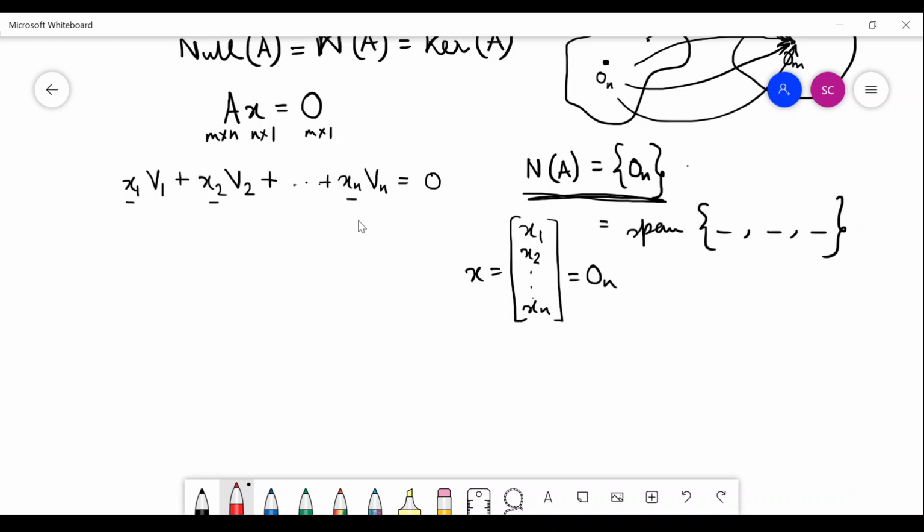That means that there are some x not equal to 0, which is also able to give this equation.